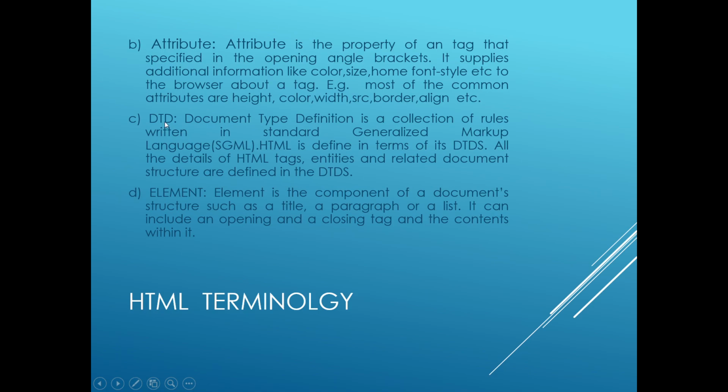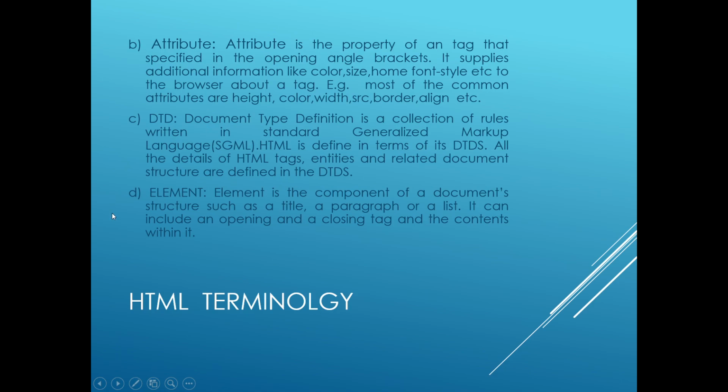The expansion of DTD is document type definition. It is a collection of rules written in Standard Generalized Markup Language, commonly known as SGML. HTML is defined in terms of its DTDs. All the details of HTML tags, entities, and related document structure are defined in the DTDs.